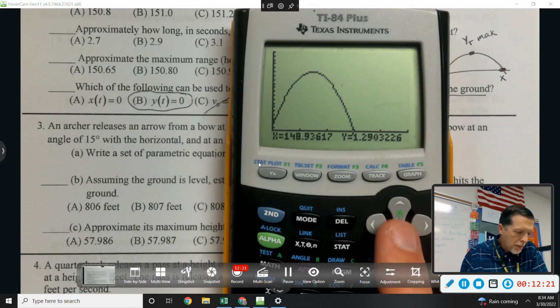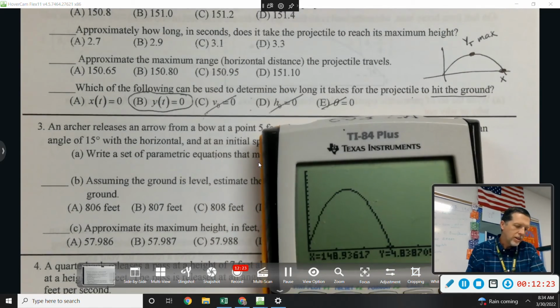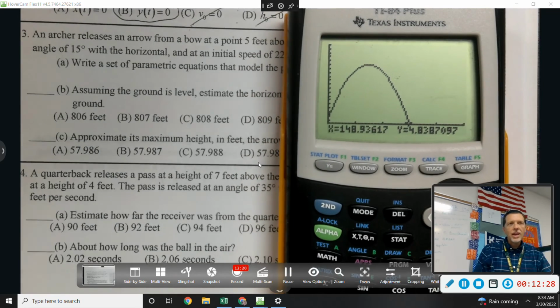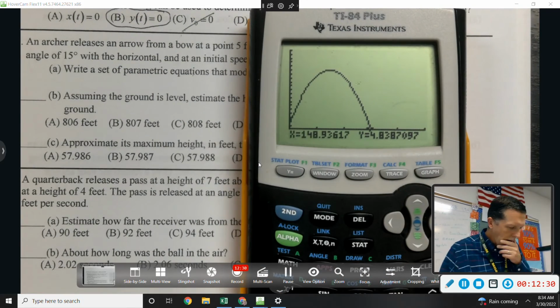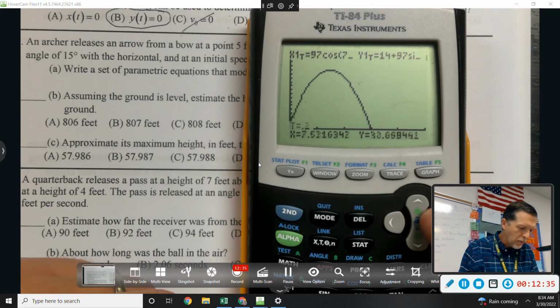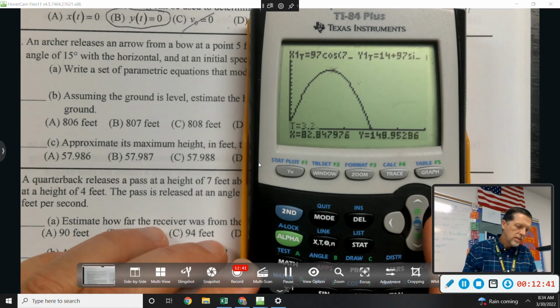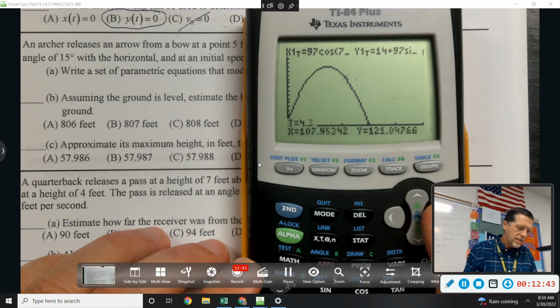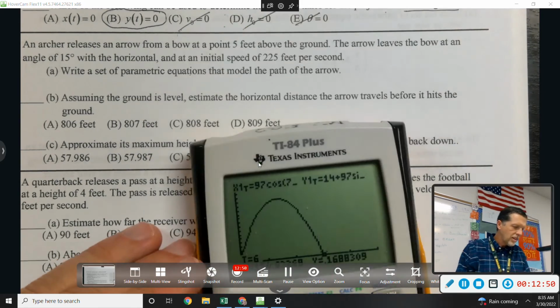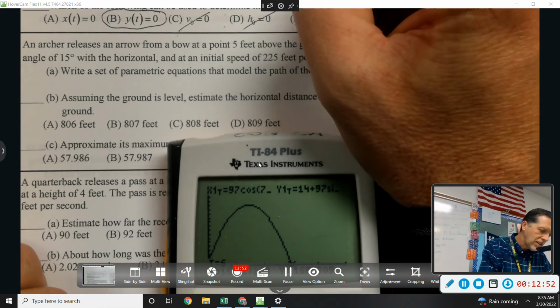So do you want to table or do you want to zoom? Yeah, table. So what I need to know is what t value that is, to get in the ballpark for my table. Scroll way over there. Here we go. So about 6. So t is about 6.